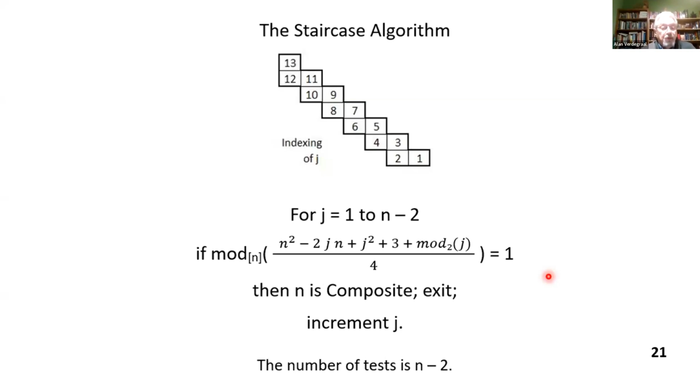If no 1 is found during this particular search, then we can say that it's a prime number. And of course, until the staircase conjecture is actually proved one way or the other, we may have to apply another test for primality, such as the temple search algorithm.